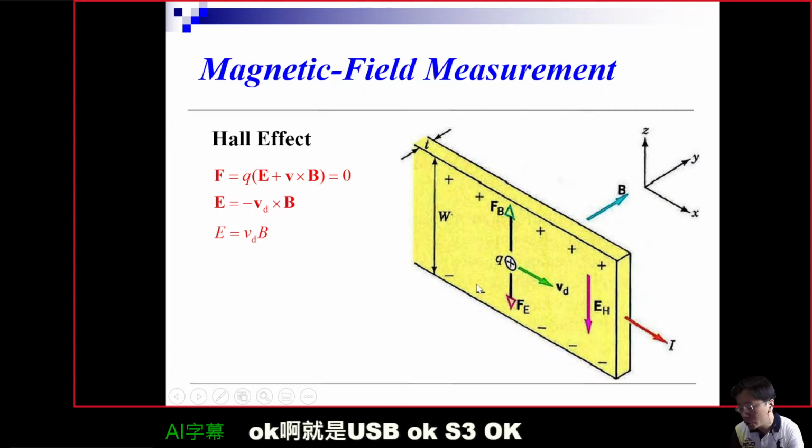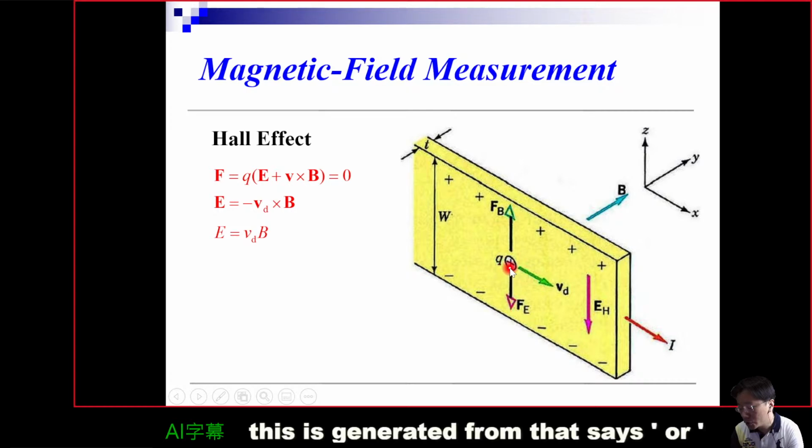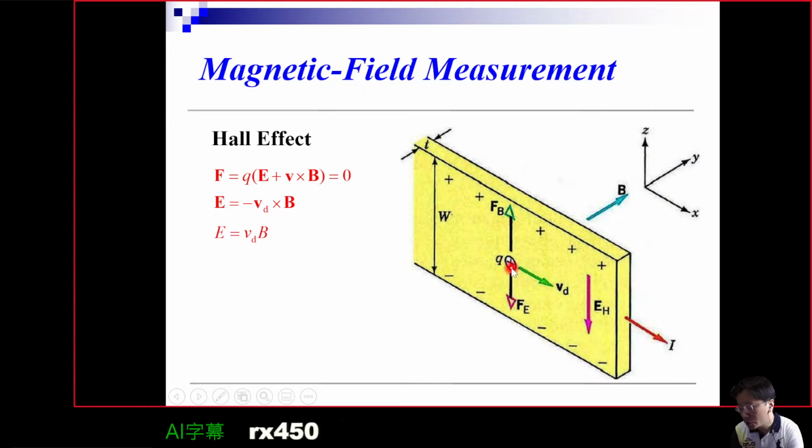Okay, let me explain that again. When we apply a magnetic field passing through this thin plate along the y-axis, and a current is injected from the right side to the left side, the positive charge will feel a Lorentz force from the magnetic field. You can apply the right hand rule and find the magnetic field gives a force toward the upside.